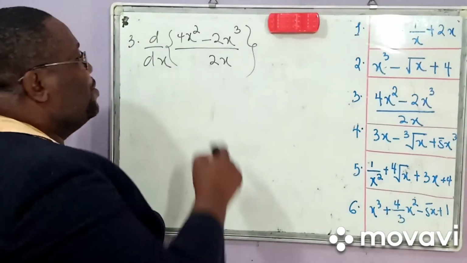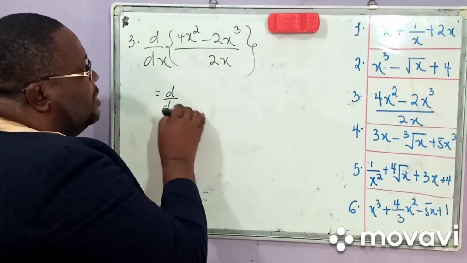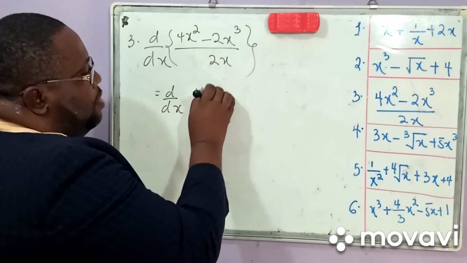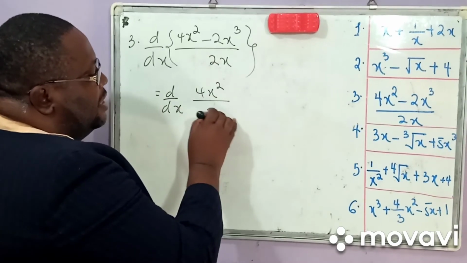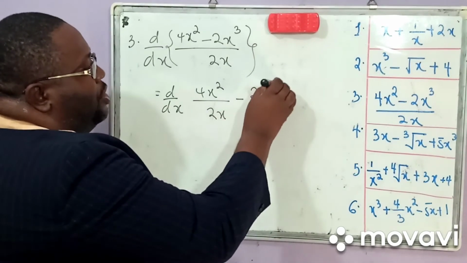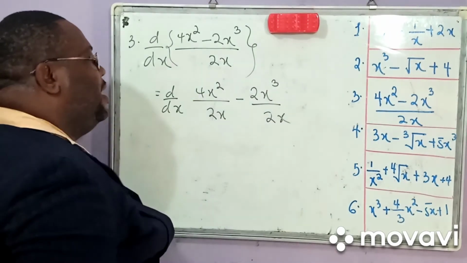Is that okay? So this becomes equal to, it's like we are differentiating with respect to x, and then this one divided by this. I have 4x squared divided by 2x minus 2x cubed divided by 2x.